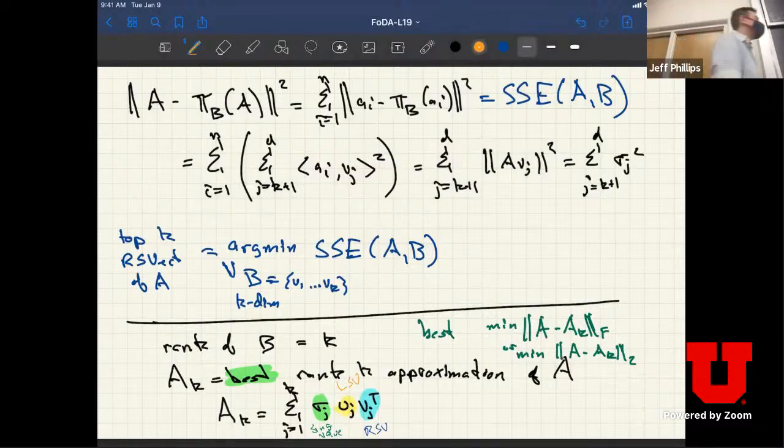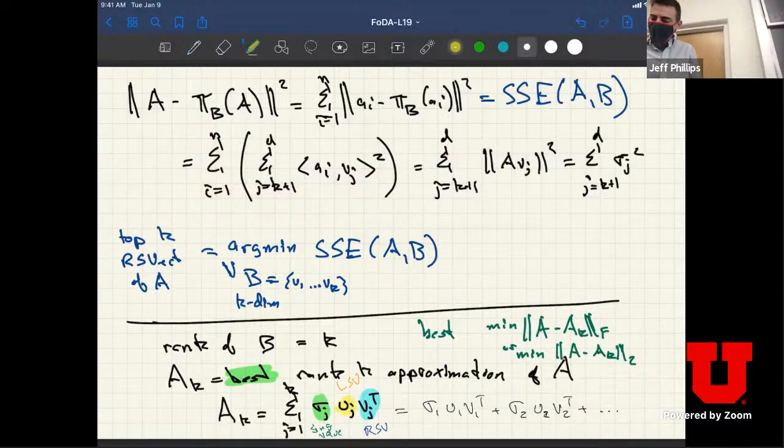So this is where I need the left singular vector is a u_j term. Okay, and so I can think of this as sigma 1 u1 v1 transpose plus sigma 2 u2 v2 transpose, and so forth.